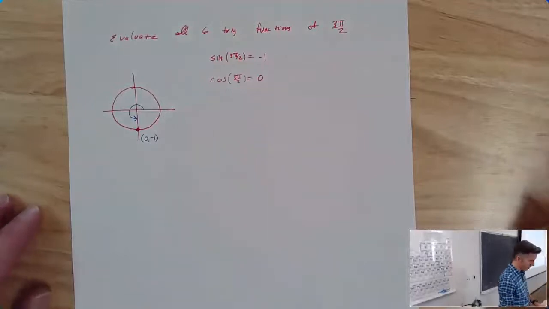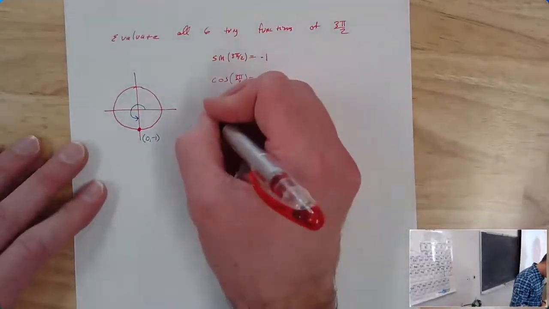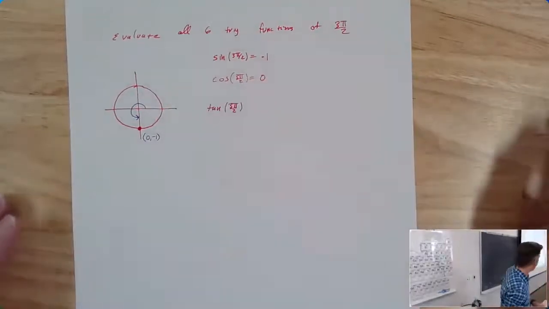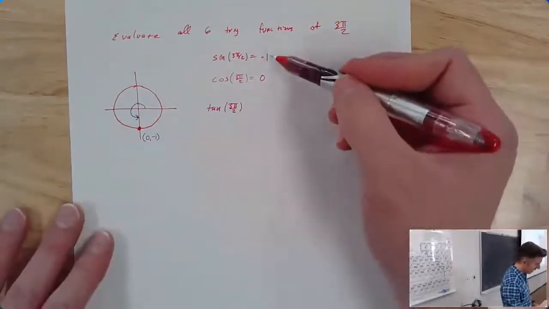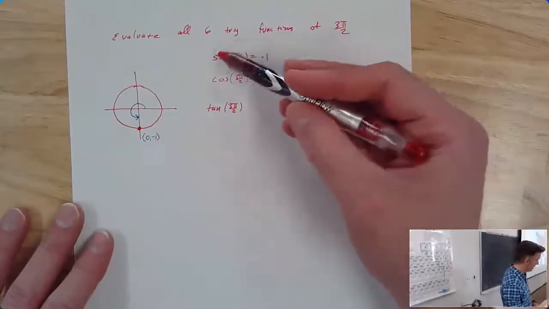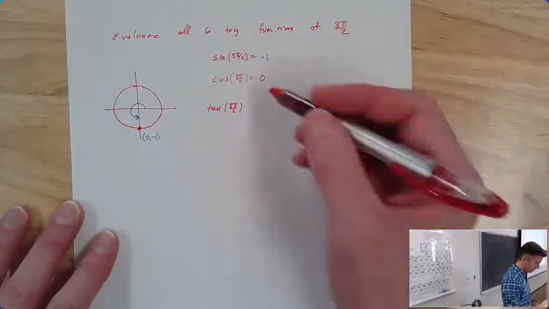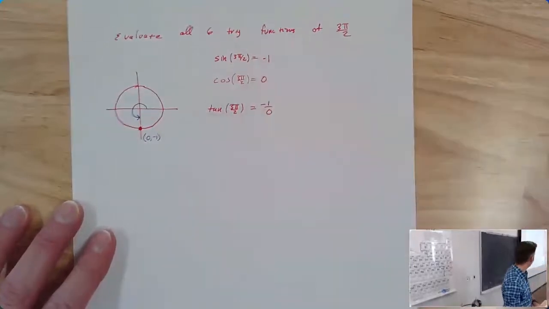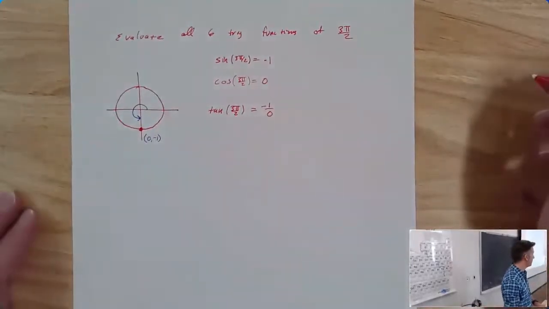Cosine of 3 pi over 2 is the x coordinate, which is 0. And tangent of 3 pi over 2, I think this is the reason we write them in this order, is the y divided by the x, or the sine divided by the cosine. So -1 divided by 0 doesn't exist.